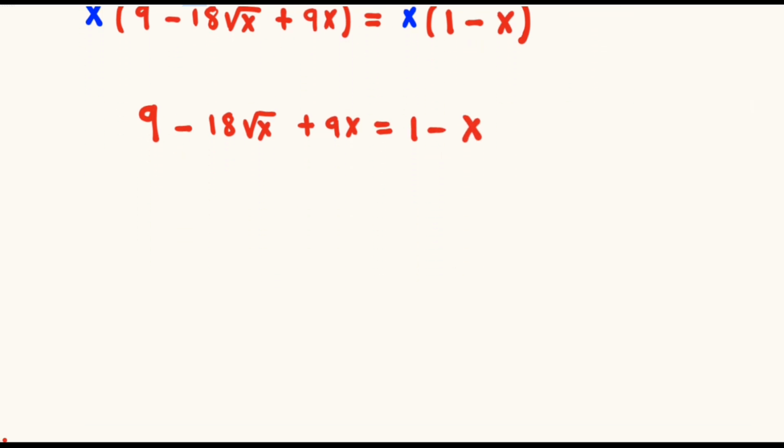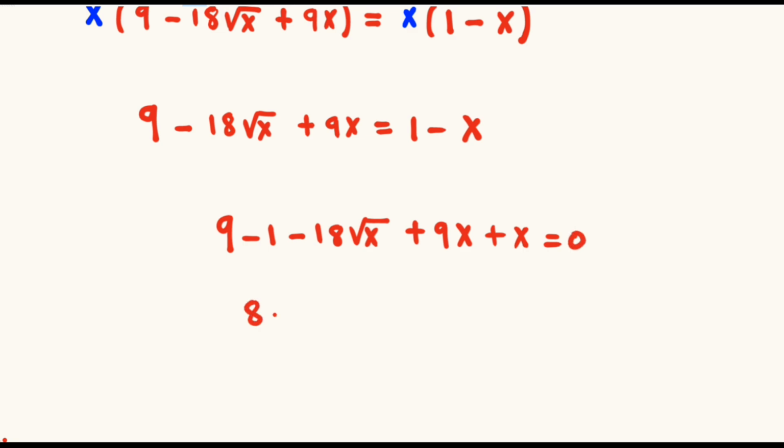Taking the terms on the right hand side to the left hand side, we have 9 minus 1 minus 18 times the square root of x plus 9x plus x is equals to 0. We have 8 minus 18 times the square root of x plus 10x is equals to 0.